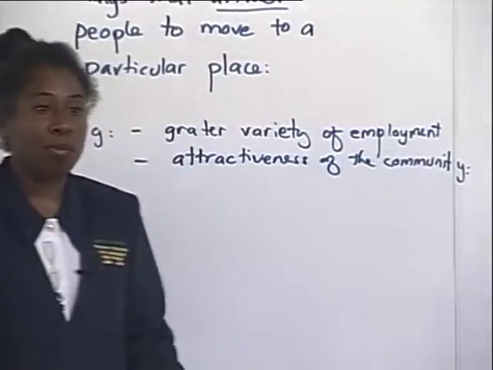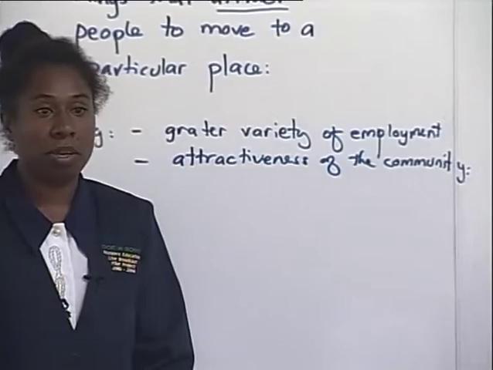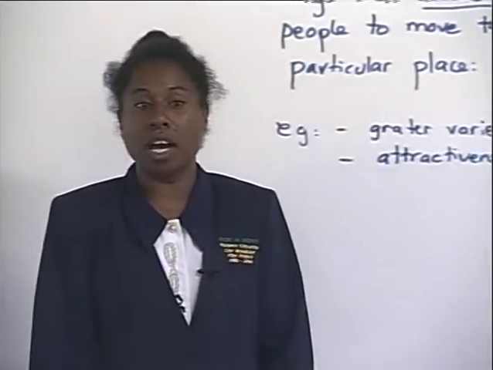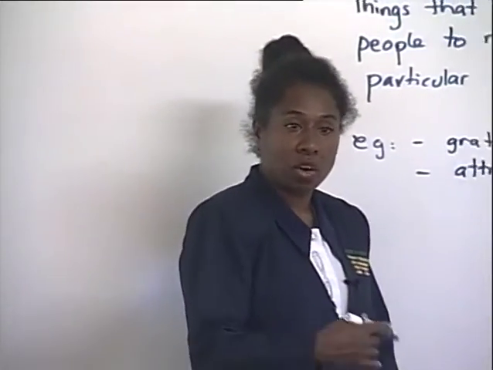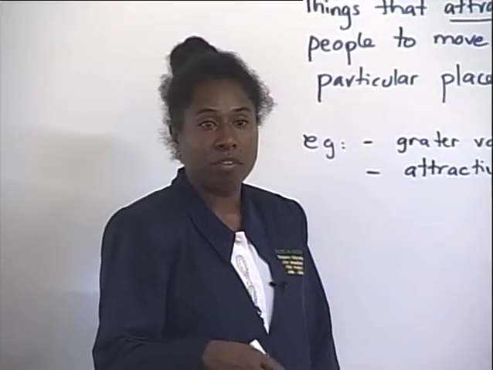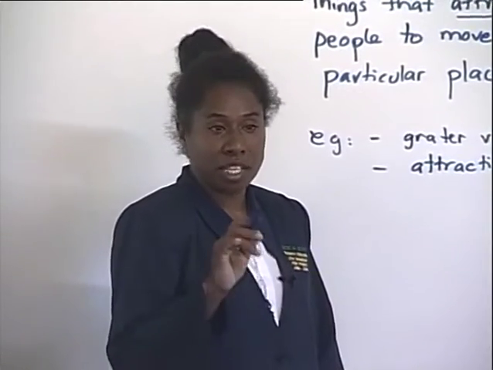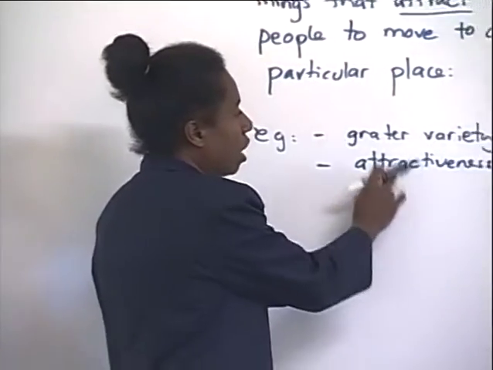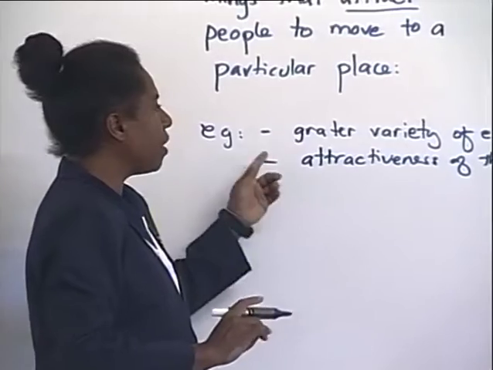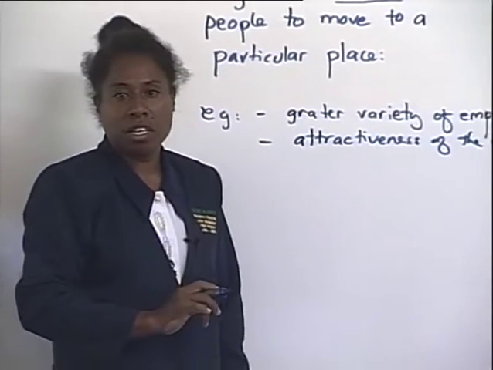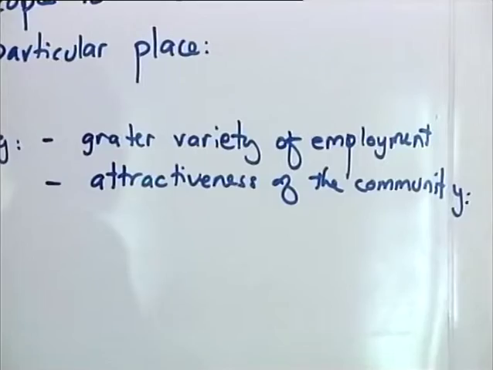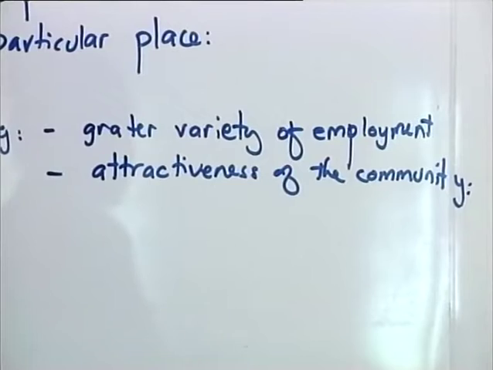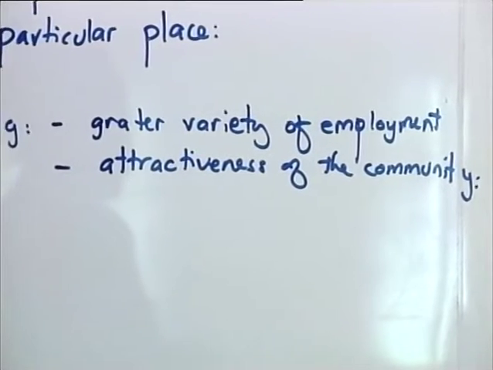Perhaps if the people are more friendly, their attitude towards accepting other people and how they carry on within the community can also influence people to feel attracted to going to that area. Okay, it's correct. Do we all understand what he means by the greater variety of employment? There are a lot of employment opportunities available, which also attracts people to go to a particular area or place.